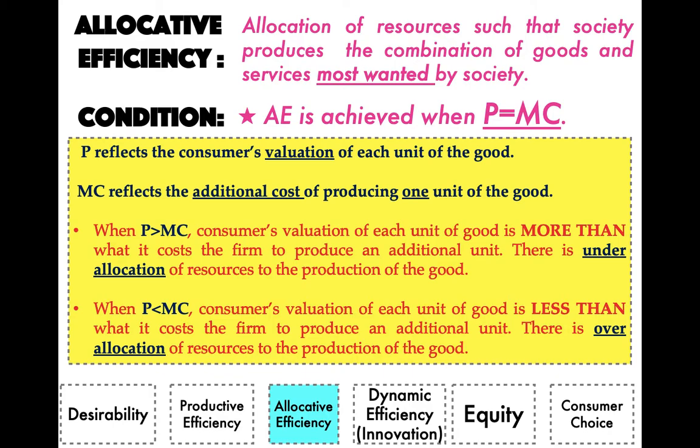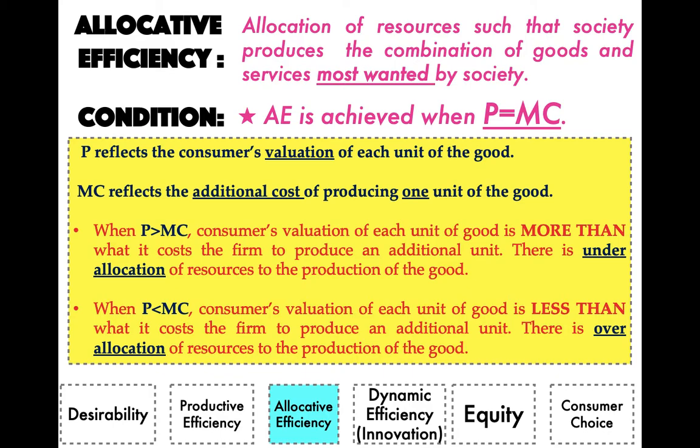Because the market has been flooded. If I can just exaggerate in this way to help you understand, right? The market is flooded with this good, and therefore the equilibrium price in the market is very low, right? Because of oversupply. And if you want to bring it back to allocative efficiency, you should reduce the resources devoted to the production of this good, okay? Such that P equals MC is attained, right?